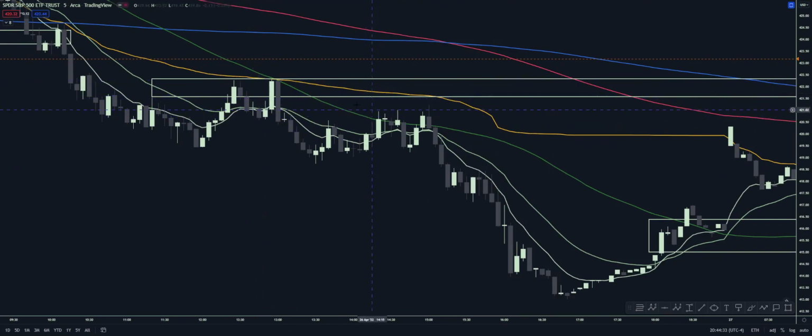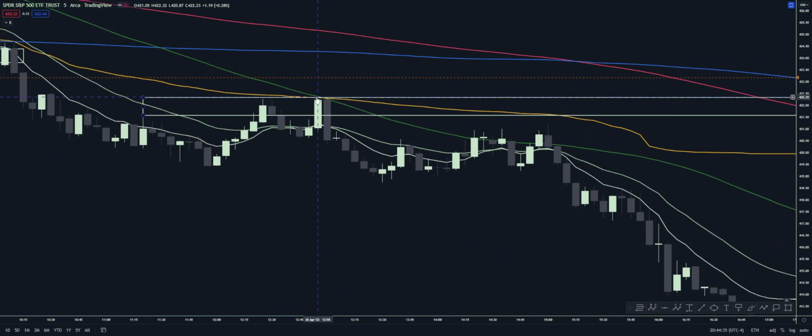Now, why did I go from this wick to this body? The reason is that wick to body would be a 10-cent zone on something like SPY. Even if I went from these wicks to this body, that'd be only a 40-cent zone.